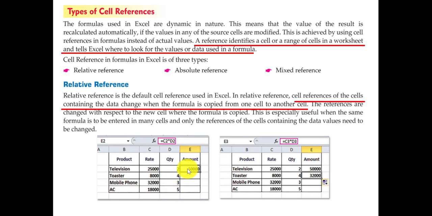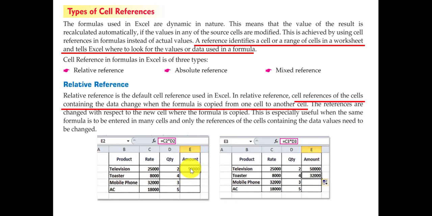How can we calculate the amount? Rate into quantity. The television rate is 25,000 rupees per television and we have purchased 2. How will we get the amount? Equals C2 into D2, rate into quantity.